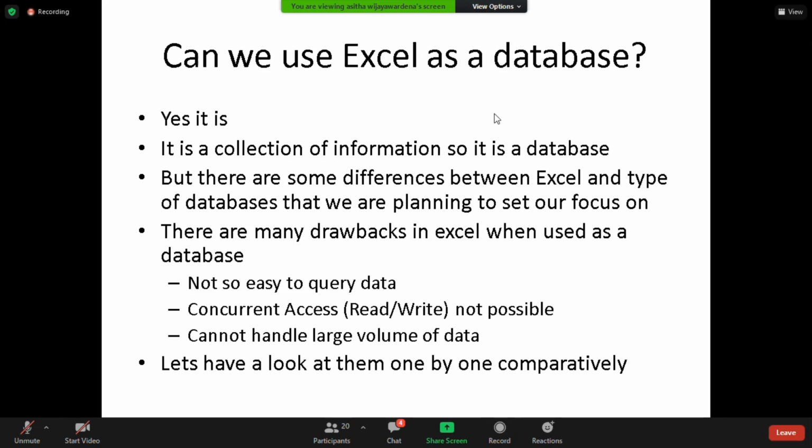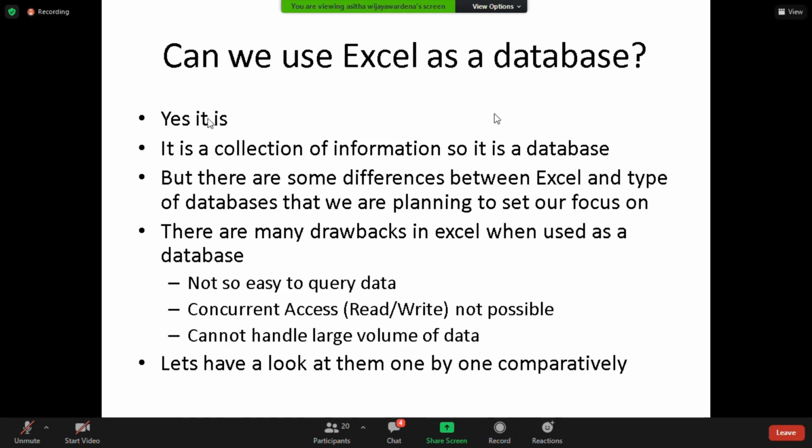Normally, once you open Excel, it opens as a book, we call it an Excel book. With an Excel book, you have many Excel worksheets. Looking at the organization of Excel, you can create separate worksheets and create your tables there.